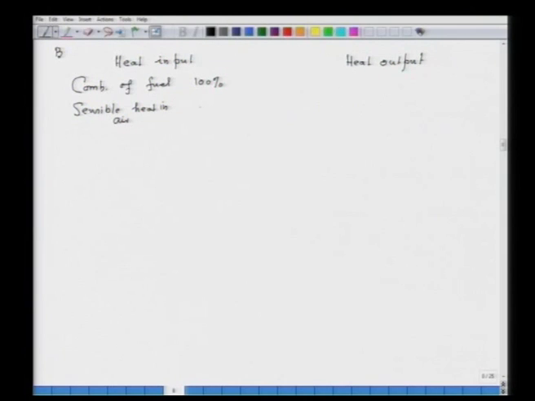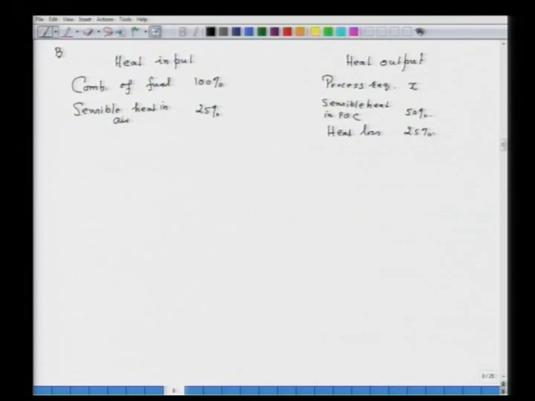This 100 will remain 100, and now it has become 25%, because half is coming over here. Now, heat output: the process requirement, we do not know now, it is X. Sensible heat in POC is 50% as it was said, heat loss 25%.